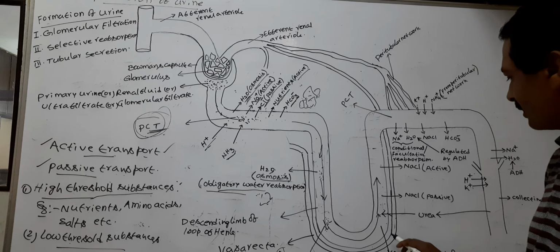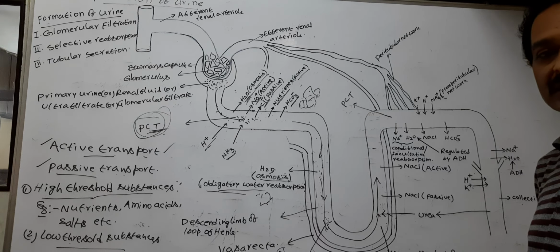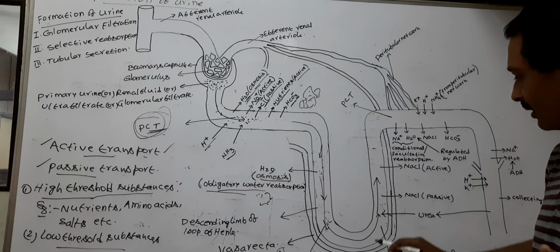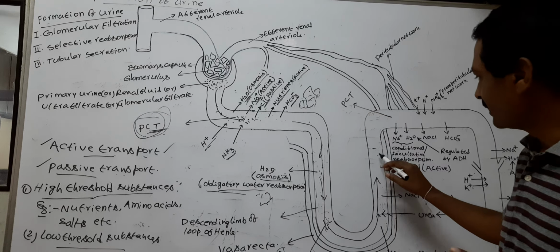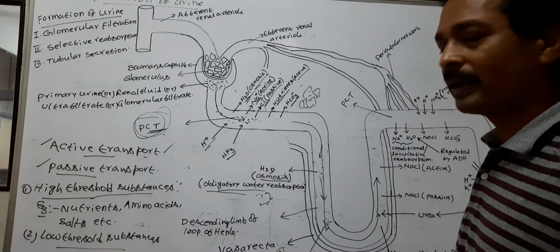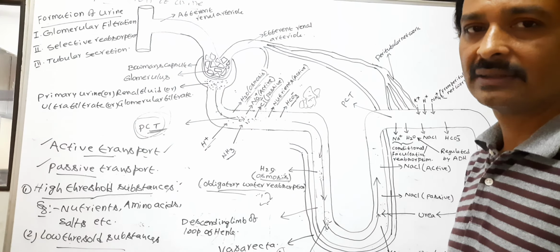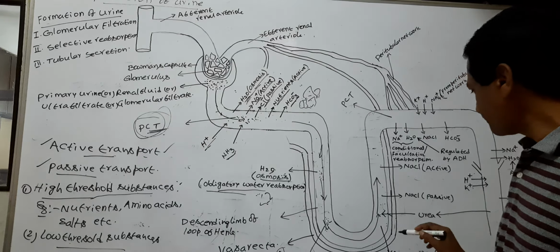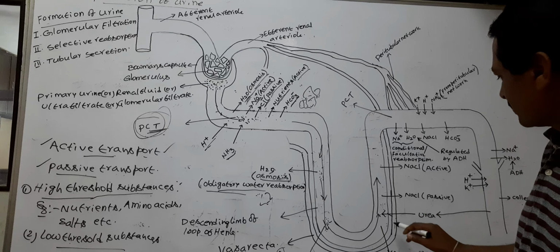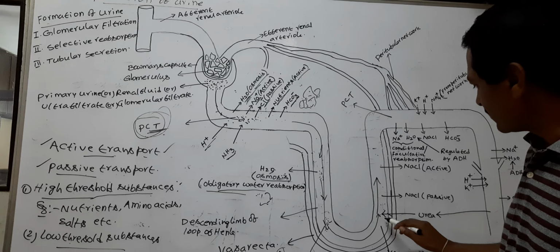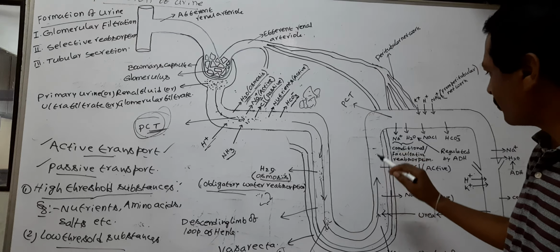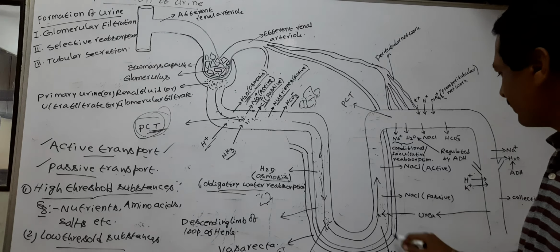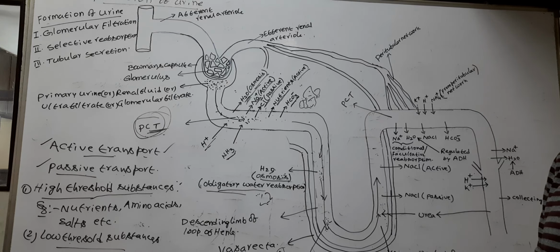The proximal part of the ascending limb is thin. Next, the distal part of the ascending limb of loop of Henle is thick, very thick. The thin and thick-walled ascending limb of loop of Henle is impermeable to water but permeable to salts or ions.